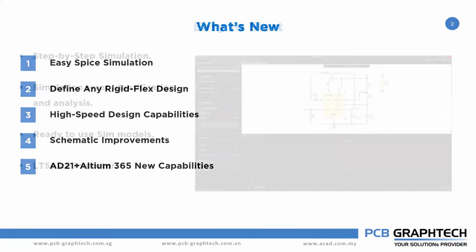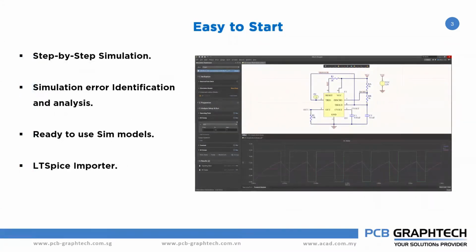First topic we will go for is SPICE simulation, which has great improvements in Altium Designer 21. Here we have introduced the simulation dashboard, and it is very easy to understand and learn because it follows a step-by-step process.